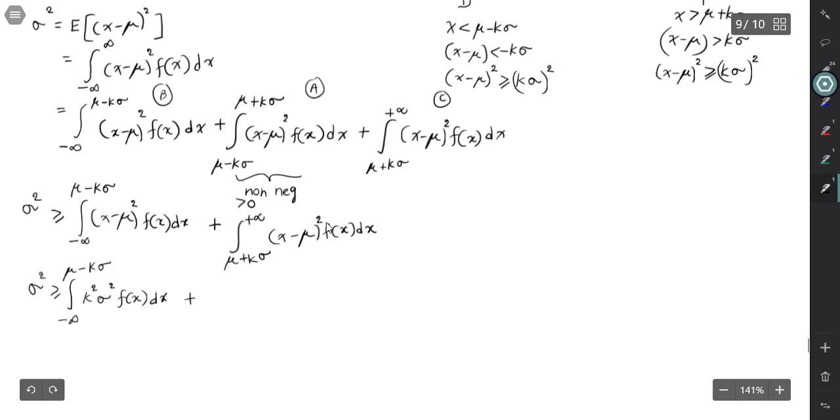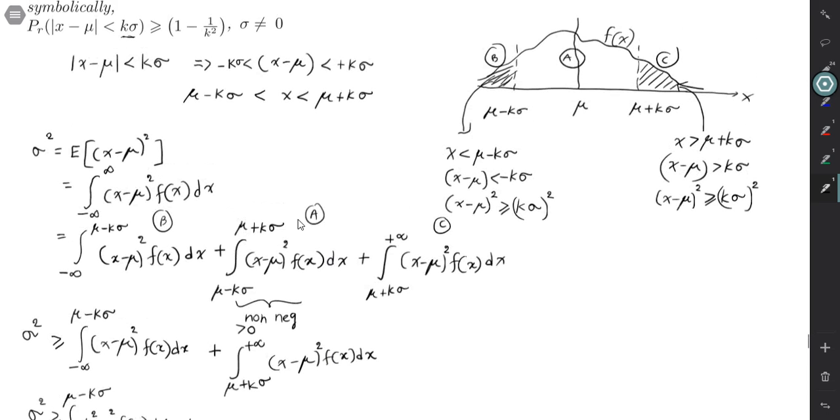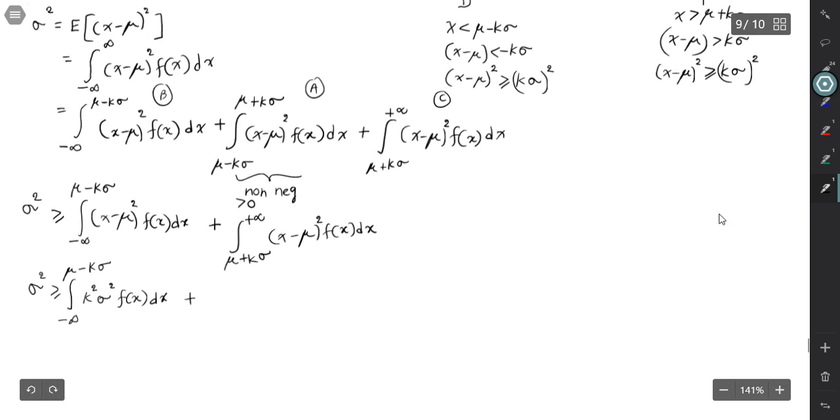We can do the same for C also. We found that x minus mu square is greater than or equal to k square sigma square. So let's replace that also, with k square sigma square f(x) dx.